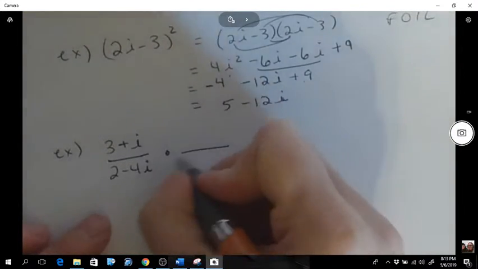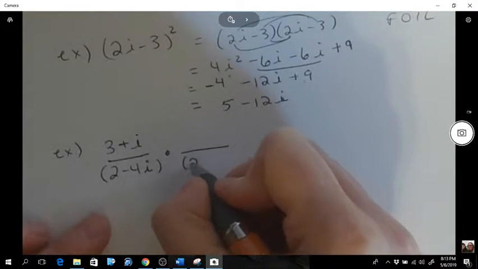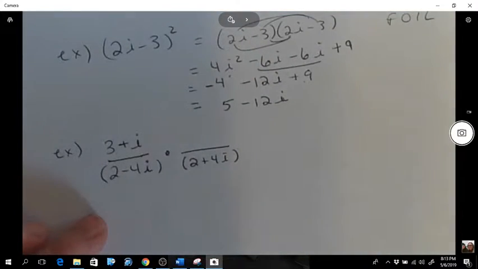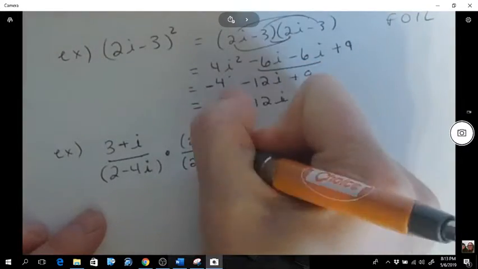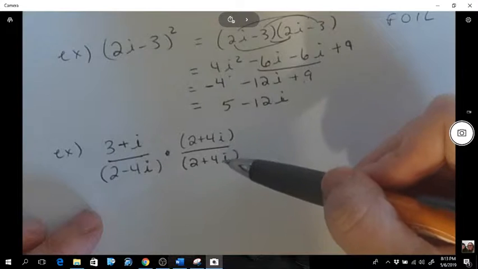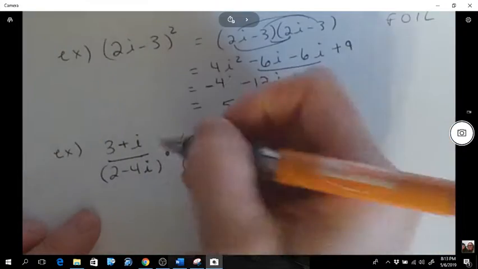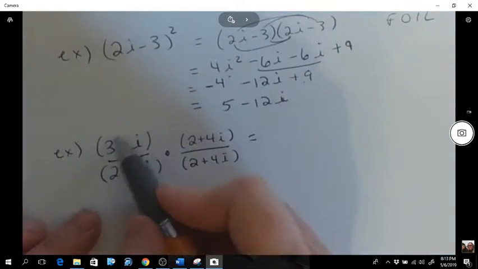Remember, the word was the conjugate. So the conjugate of this binomial is 2 plus 4i. Okay, but if you do that to the bottom, you have to also do that to the top, because essentially you're multiplying by a value of 1, right? Because same thing over same thing is a value of 1, and when you multiply by 1, you don't change the value of anything.